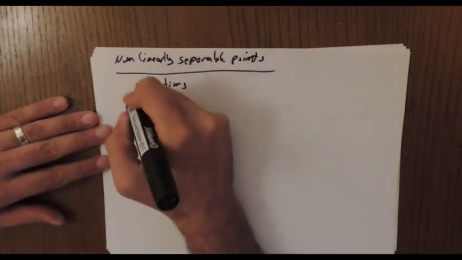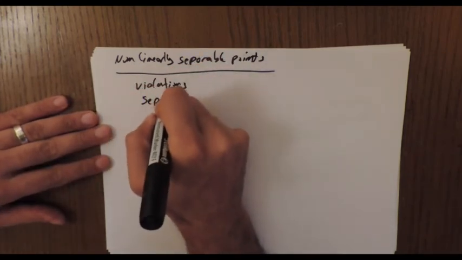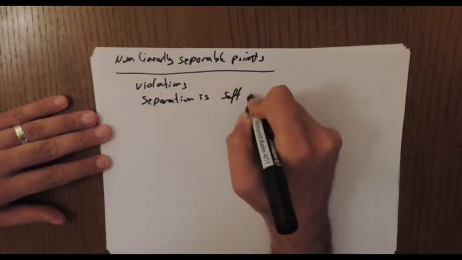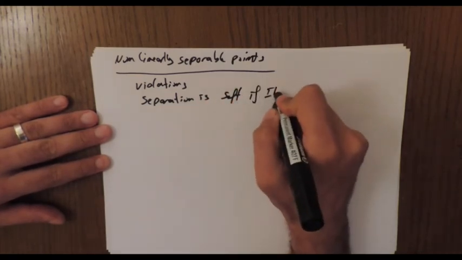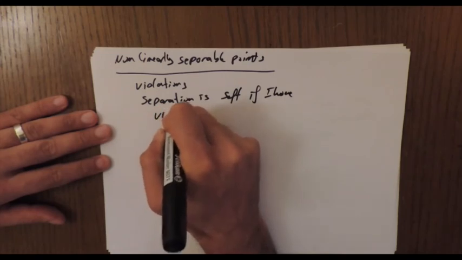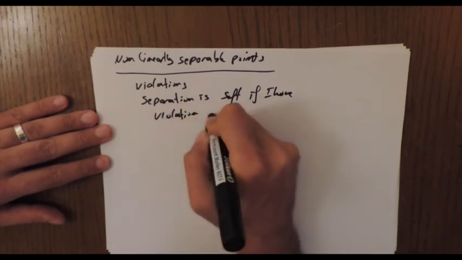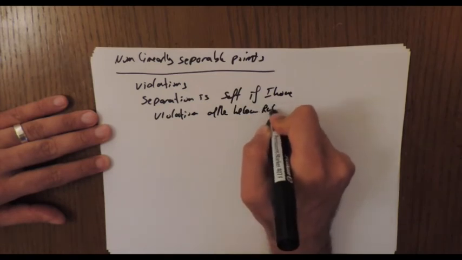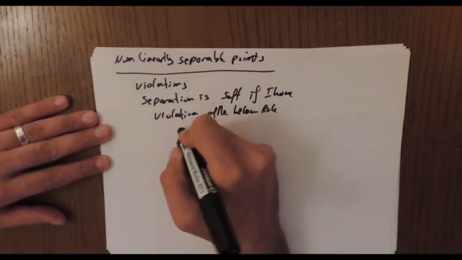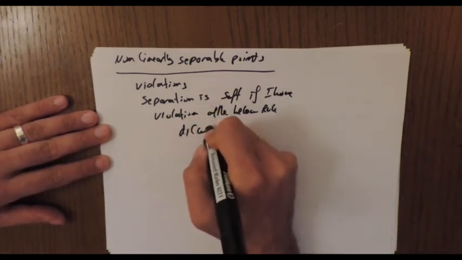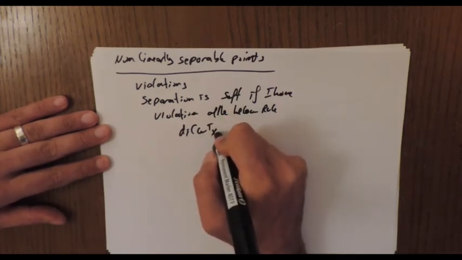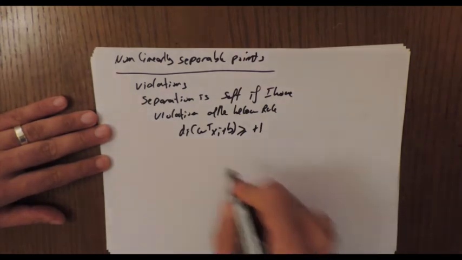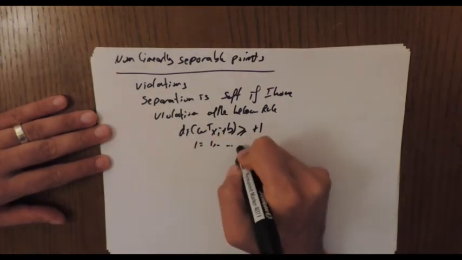We say separation is soft if I have a violation of the below rule, which is d_i (w transpose x_i plus b) greater than or equal to plus 1 for all i equal 1 to n.